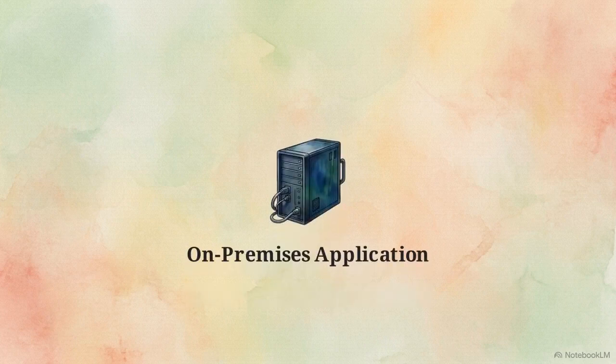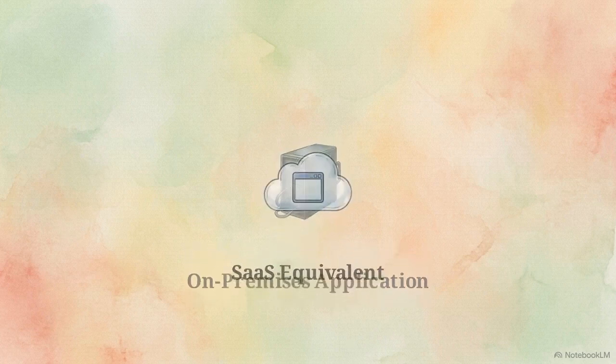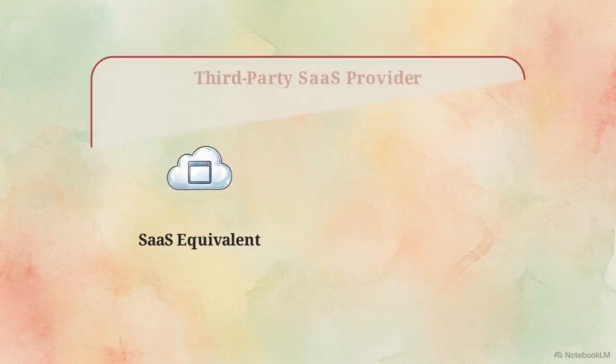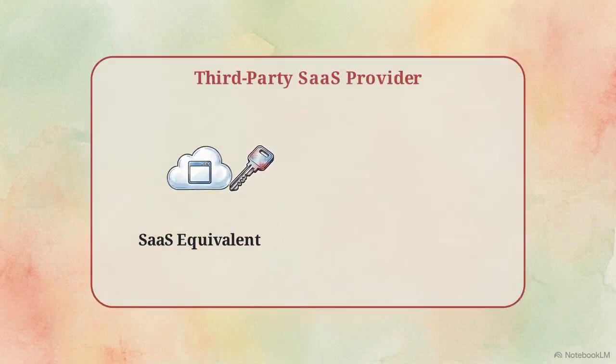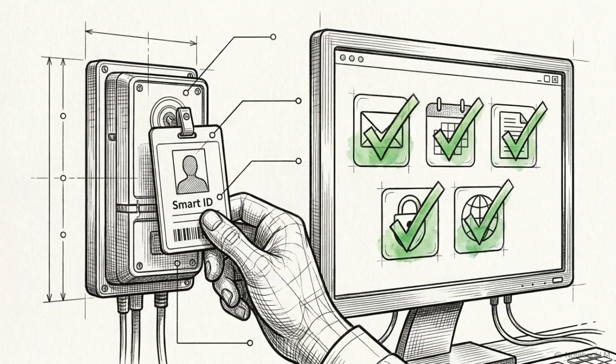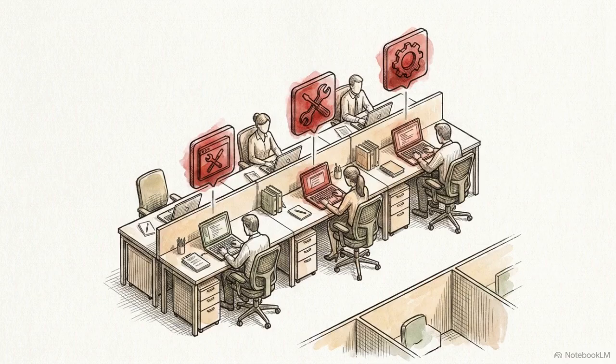Further along the spectrum is repurchase, or drop and chop. This is the decision to completely abandon an existing on-premises application and replace it with a third-party software-as-a-service equivalent. The primary security trade-off is control. Data ownership transfers directly into the SaaS provider's shared multi-tenant infrastructure. Because the data now lives externally, centralized single sign-on integration is absolutely mandatory to maintain identity governance over the platform.